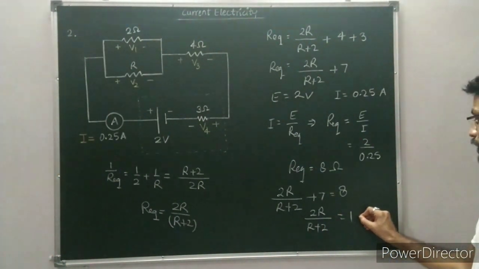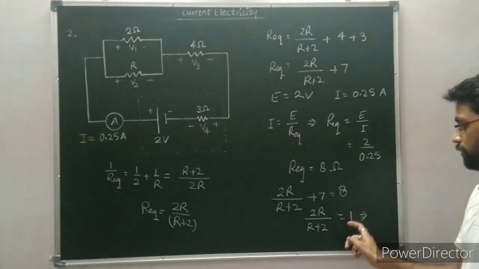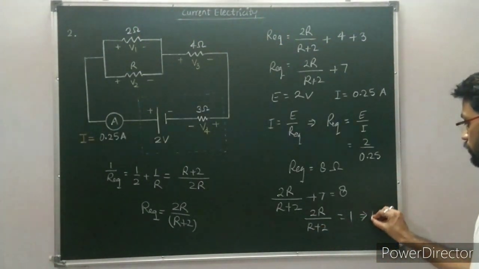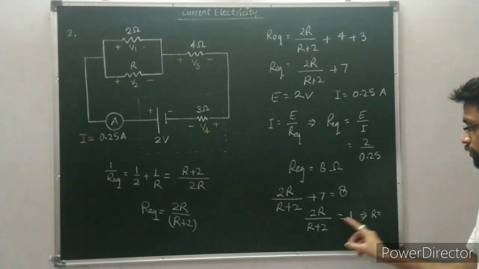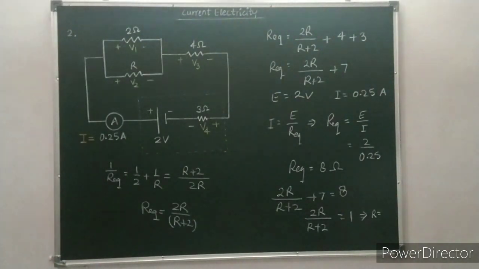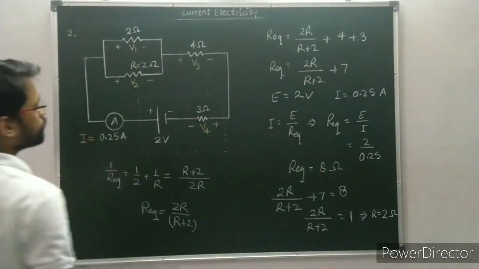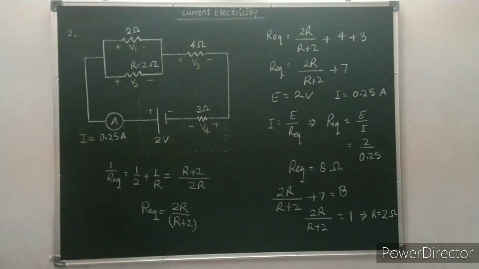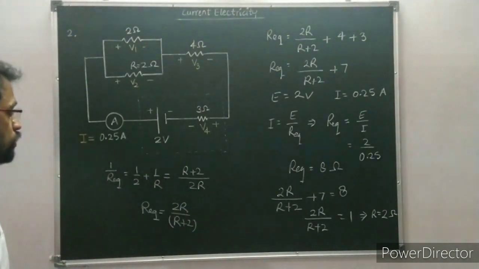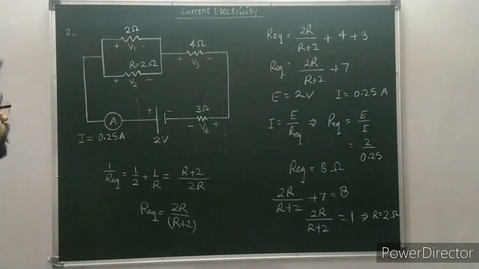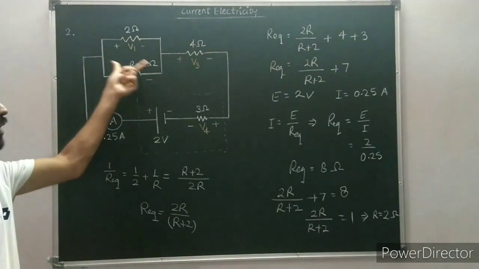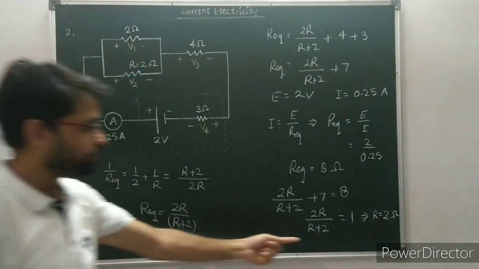When you rearrange, you will get R is equals to 2 ohm. Is it clear? So note it down. The value of the unknown resistance is 2 ohm.